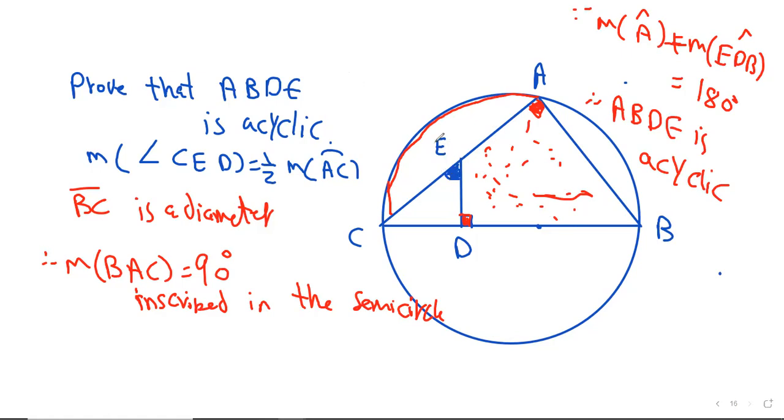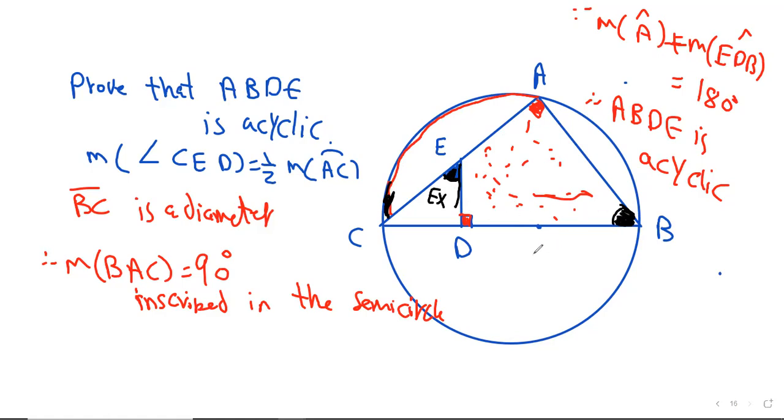Now let's go to the next one. I want to prove that this angle here is half of this arc. And it seems there is no kind of relation between them. But if we focus, you will find here this angle is an exterior angle, and this angle is the opposite interior. So they are equal, because I said the shape is a cyclic.